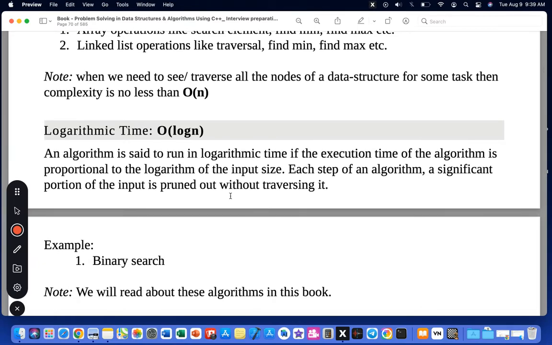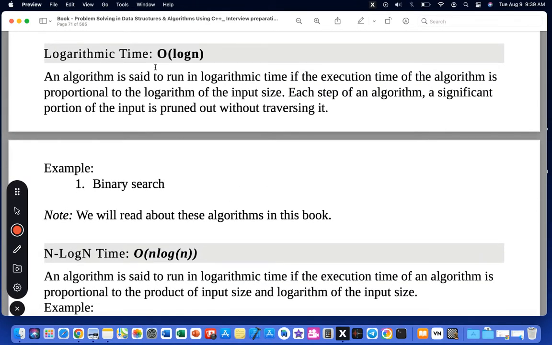O, a function of n. Now logarithmic time. An algorithm is said to run in logarithmic time if the execution time of the algorithm is proportional to the logarithm of the input size, the log of the input size. So it's not linear, it's logarithmic, it's like a curve, okay?